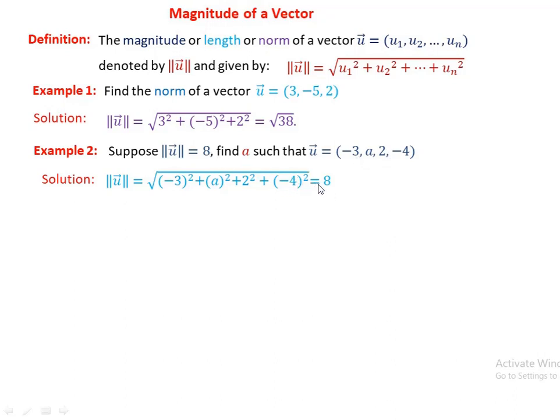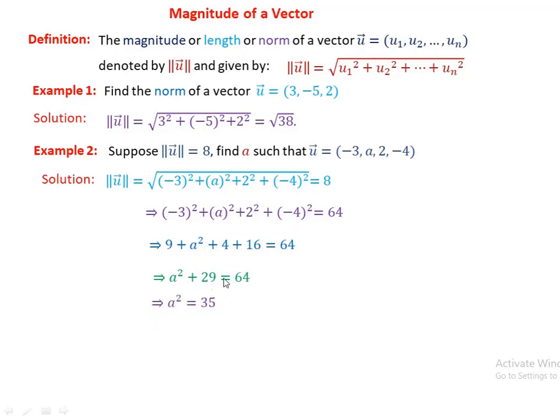Since 8 is given, squaring both sides we get (-3) square + a square + 2 square + (-4) square = 64. Next, 9 + a square + 4 + 16 = 64. Simplifying, a square + 29 = 64. Moving 29 to the other side gives minus 29, so 64 - 29 = 35.